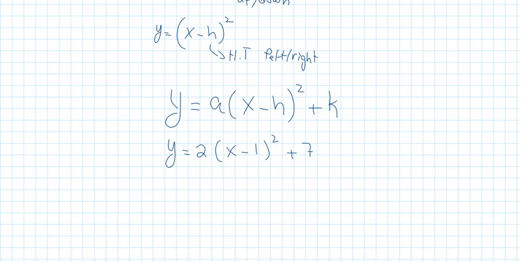a is 2. Okay, so what does the a do to your graph? What does a do?